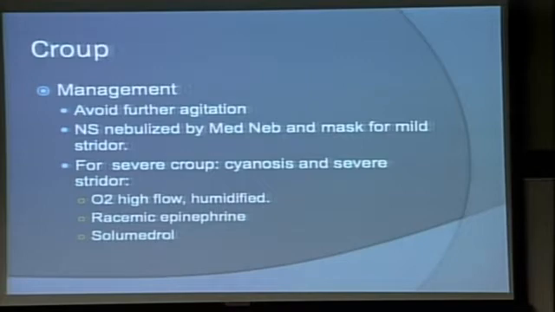Now, the problem with giving a steroid is that the only way we're going to give steroids is either by IM or IV, and preferably IV. The problem is, then you're going to agitate the kid tremendously starting an IV. So somewhere in this treatment, the child's going to have to get a steroid.